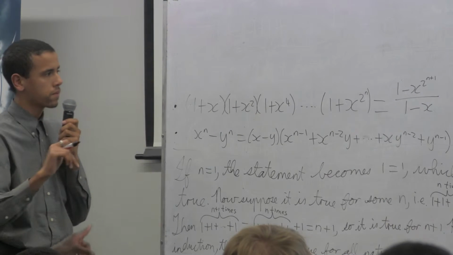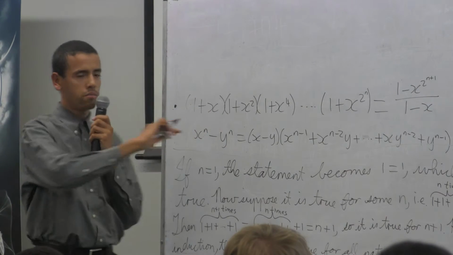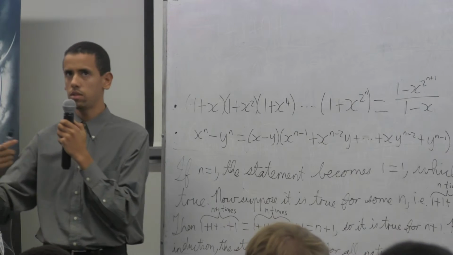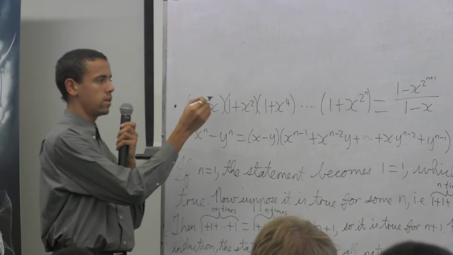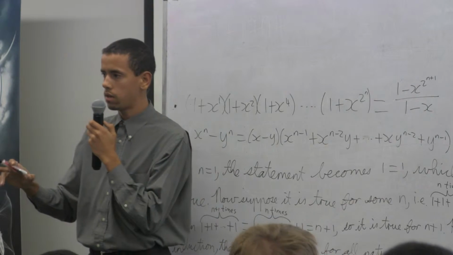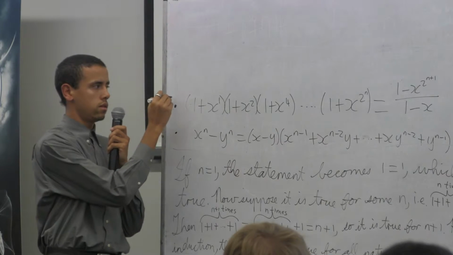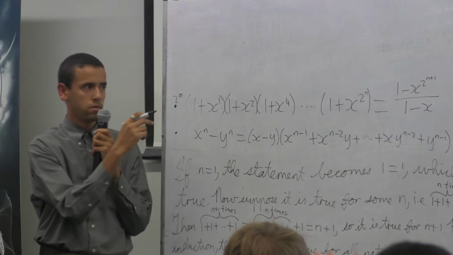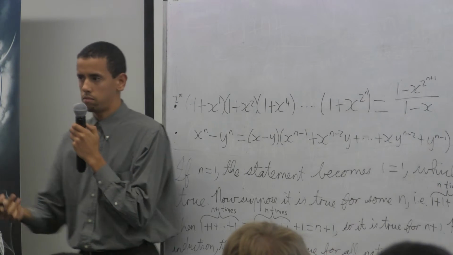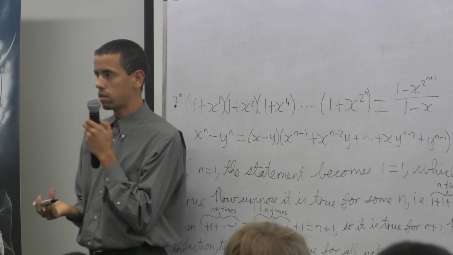You see the exponents of x are powers of 2. So here it's 1, 2, 4, 8, up until 2 to the n. So the first term here, which is 1, is 2 to the 0, which means the smallest value of n for which we could do this is n equals 0.